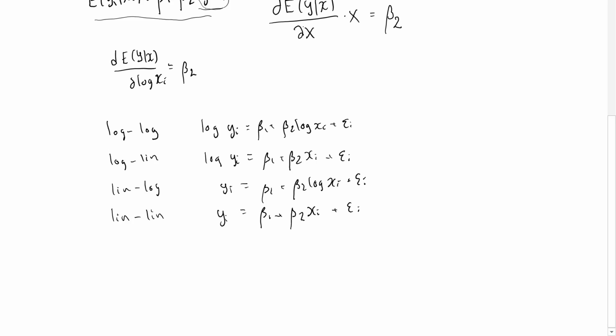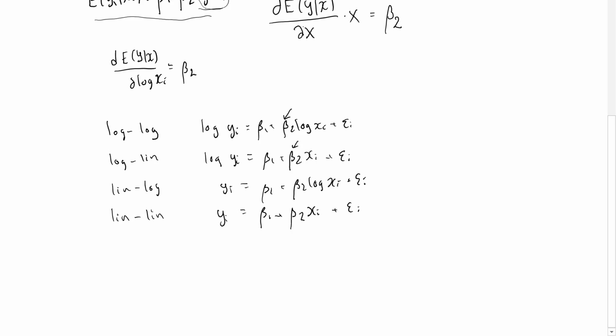For the interpretation, it's pretty straightforward to remember. Just remember that whenever you log a variable, the interpretation of the parameter beta needs to be changed to percentage instead of units. So for example, in the log-log model, beta 2, since we have both logged y and logged x's, must be interpreted as the increase in y in percentages if x increases by 1%.